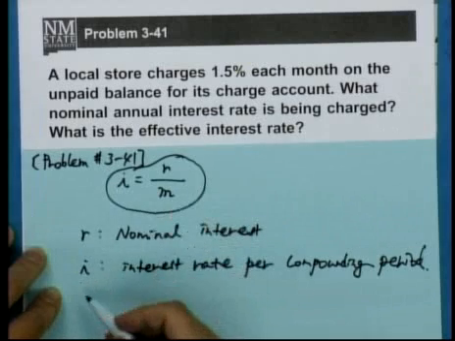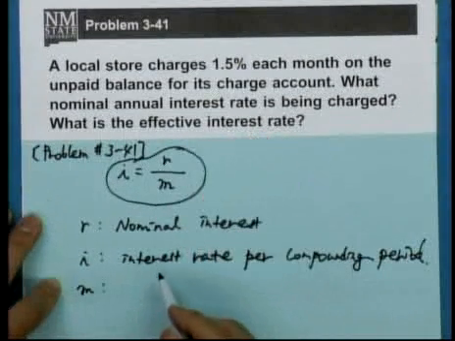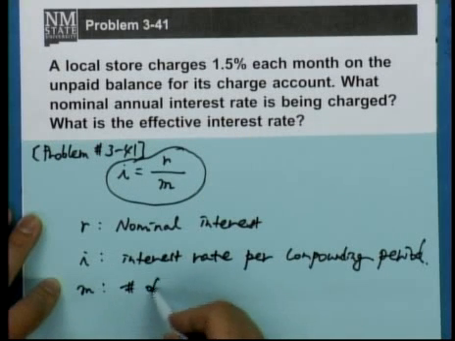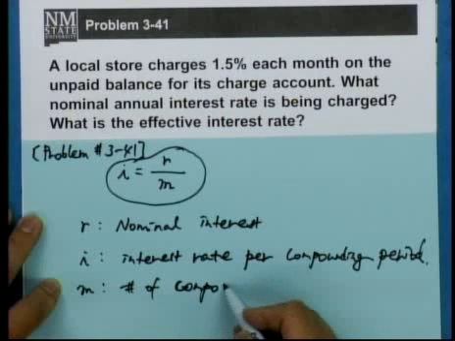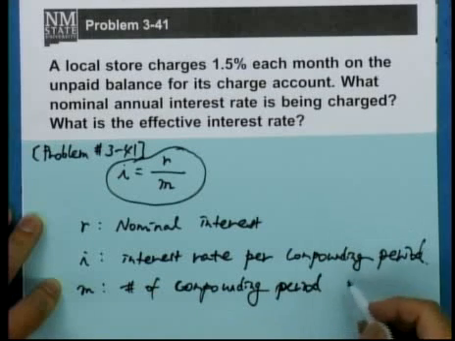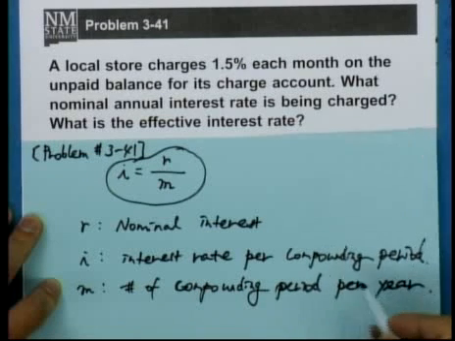Then what about small m? Small m is the number of compounding periods per year. Okay?